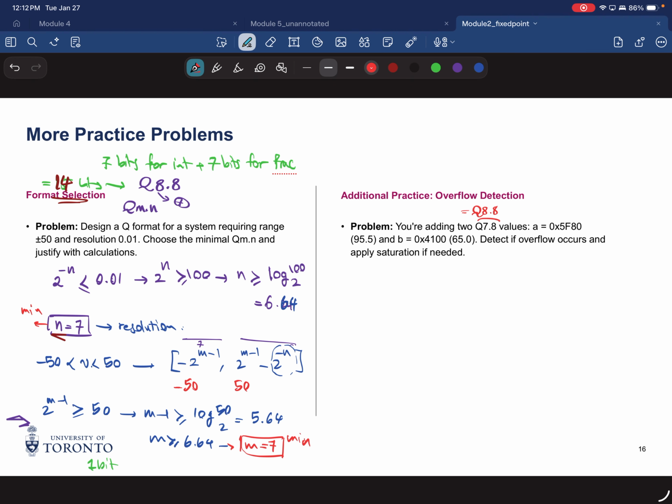With the non-standard ones, you have to know whether M includes a sign or not. For now, this representation means that we have 1 sign bit, 7 integer bits, and 8 fractional bits. This is the meaning of this one.